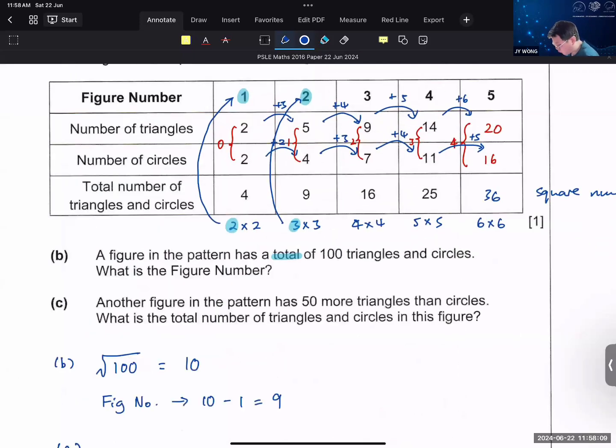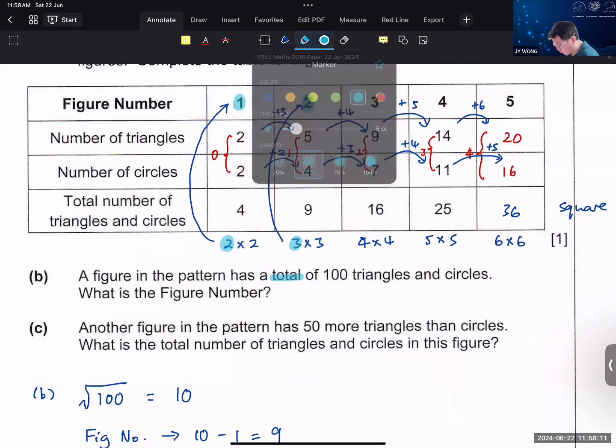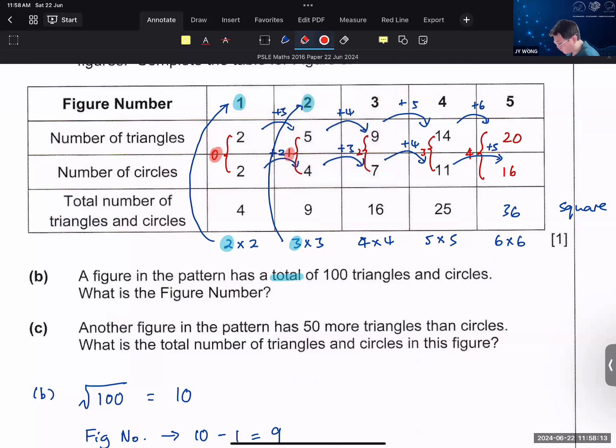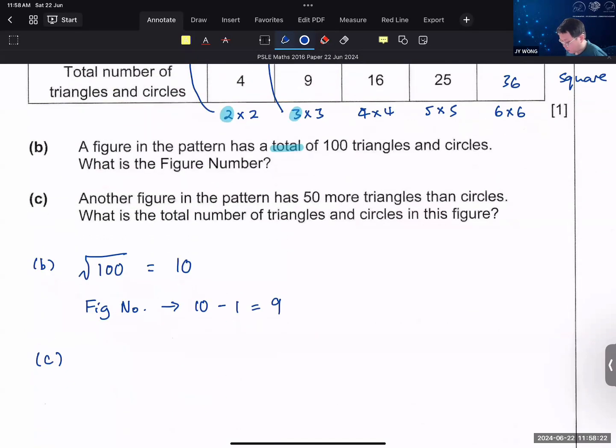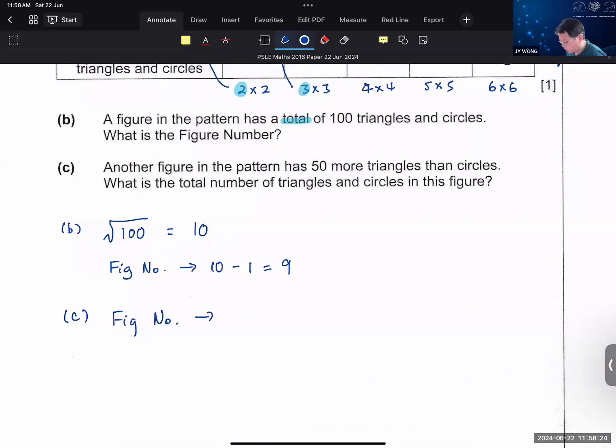When you look at the difference here, in figure 1, the difference is 0. In figure 2, the difference is 1. So what do you notice about the difference? The difference is your figure number minus 1. So the first part that you can figure out is what the figure number is. The figure number is 50 plus 1. Because your difference is minus 1 from the figure number, to find the figure number, you need to plus 1 instead.